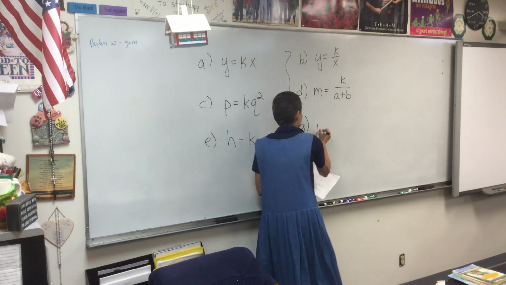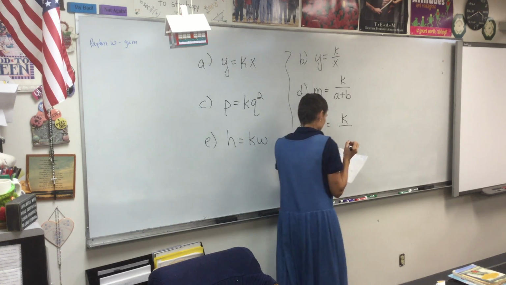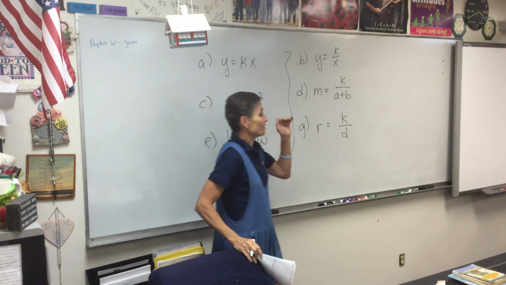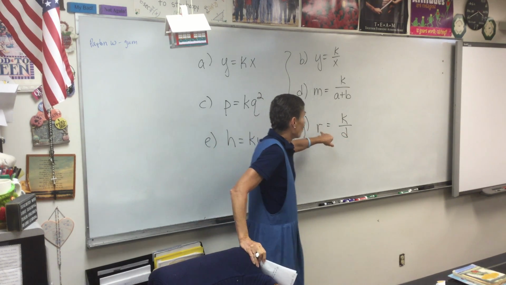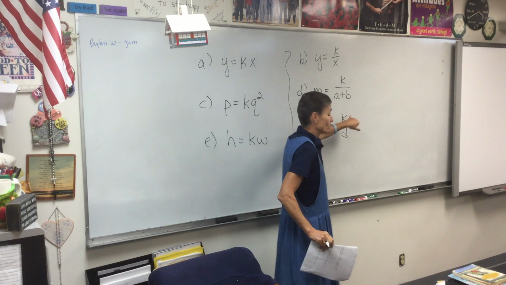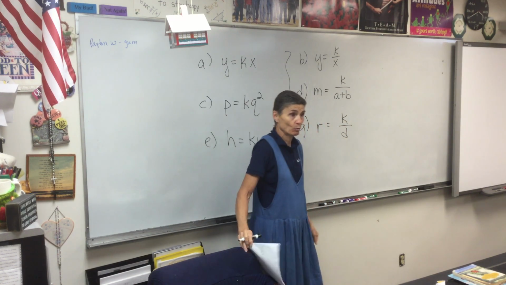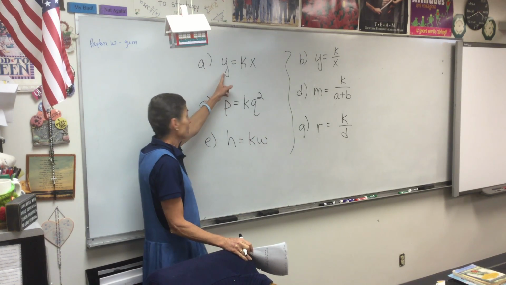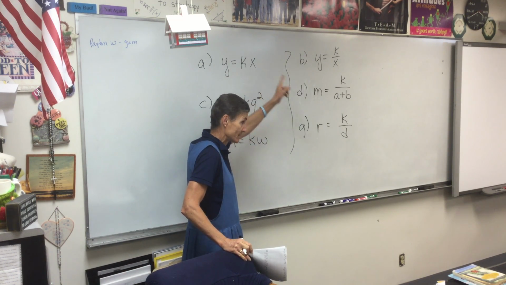So rate is inversely proportional to distance. Remember, with inverse variation, one variable equals K over the other one. With direct variation, one variable equals K times the other one.